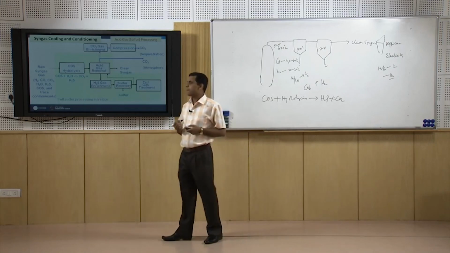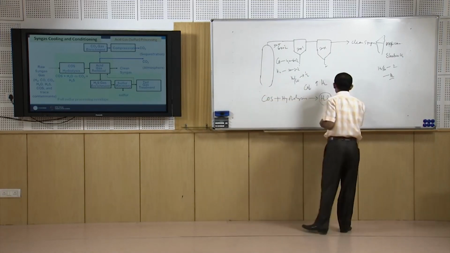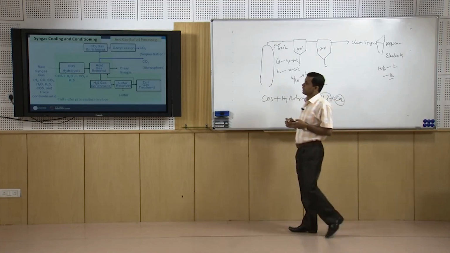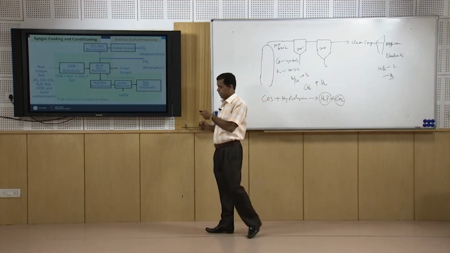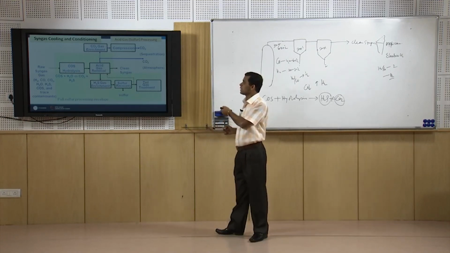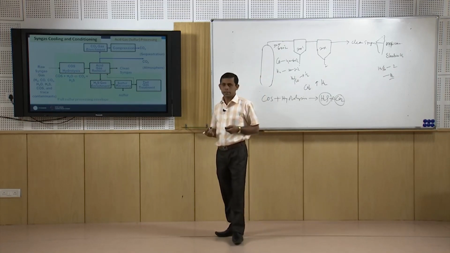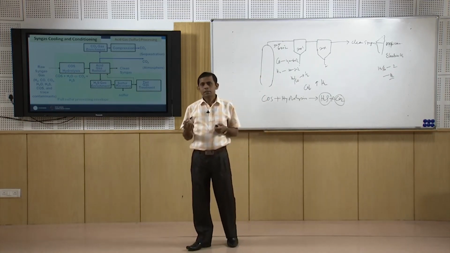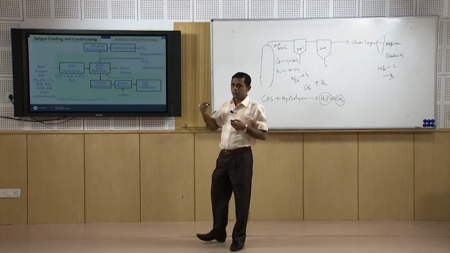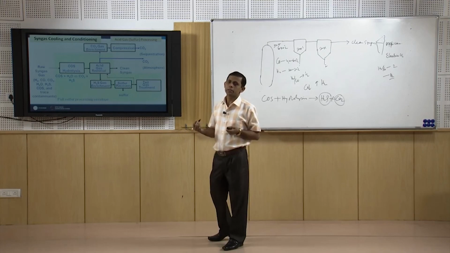Then the second step is to remove H2S and CO2 from the syngas, and that is the acid gas removal unit. This acid gas removal unit gives us clean syngas as well as H2S-rich gas and CO2-rich gas. The CO2-rich gas we can pressurize and use as a source of carbon dioxide, or we can sequester it.